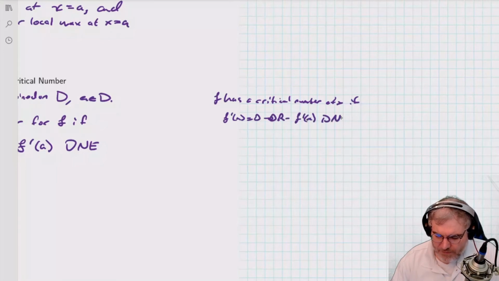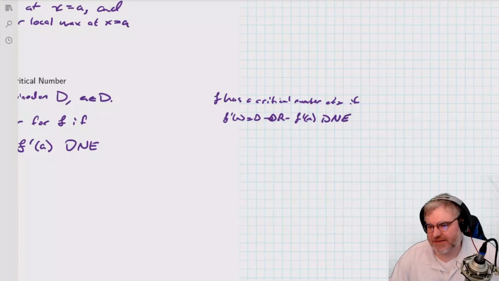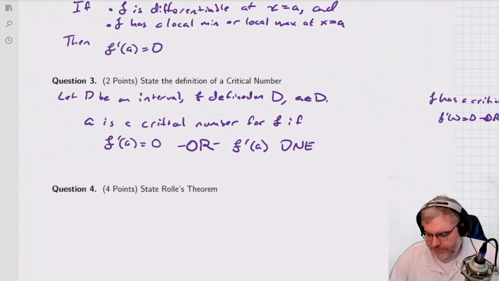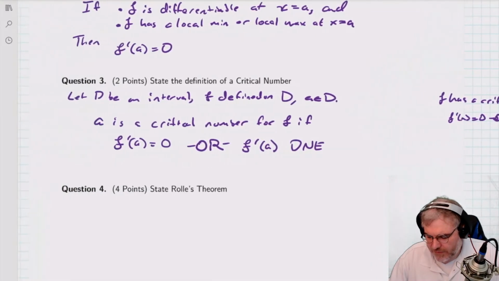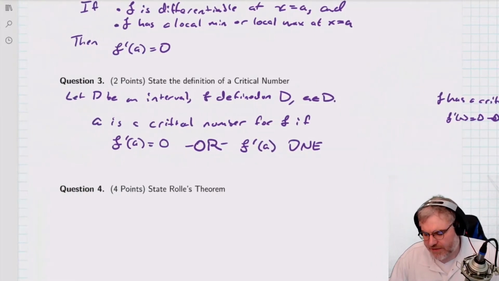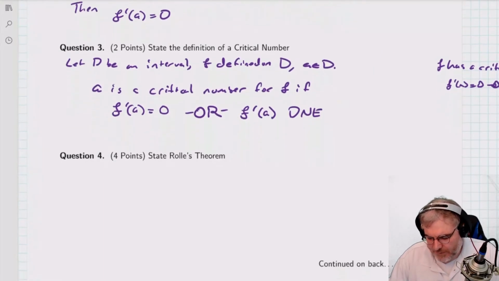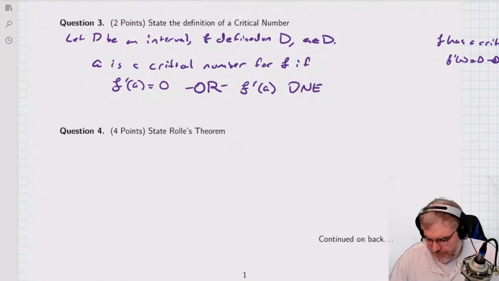But it's important to remember that this is a particular x. It's not like a general x, right? So it's sometimes easier if you just remember this. F has a critical number. A is a critical number. F has a critical number at x equals a. Same thing.